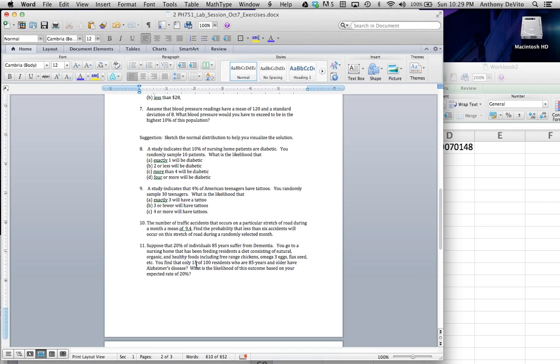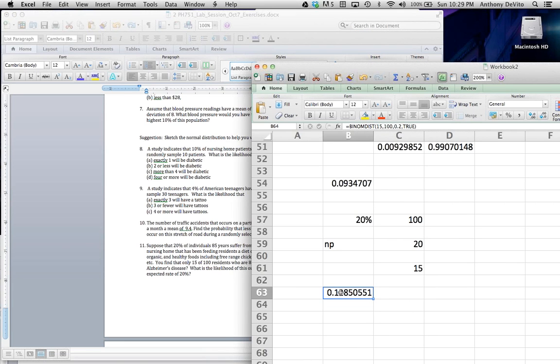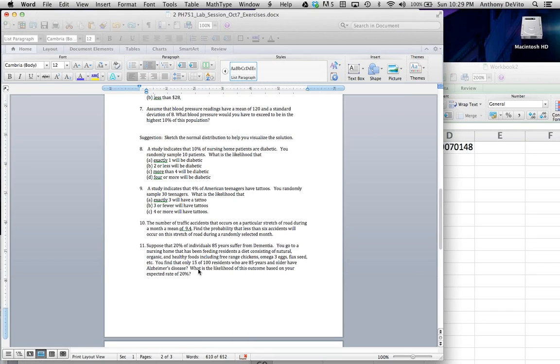have dementia. You say to yourself, well, gee, how remarkable is that? Well, this is going to happen. You're going to get this result in 13 out of every 100, or 13% of the nursing homes where you sample 100 people and the prevalence is 20%.